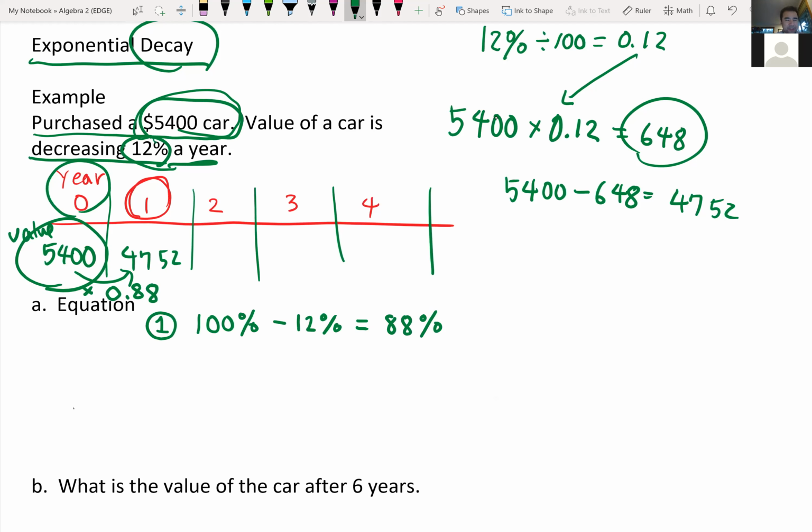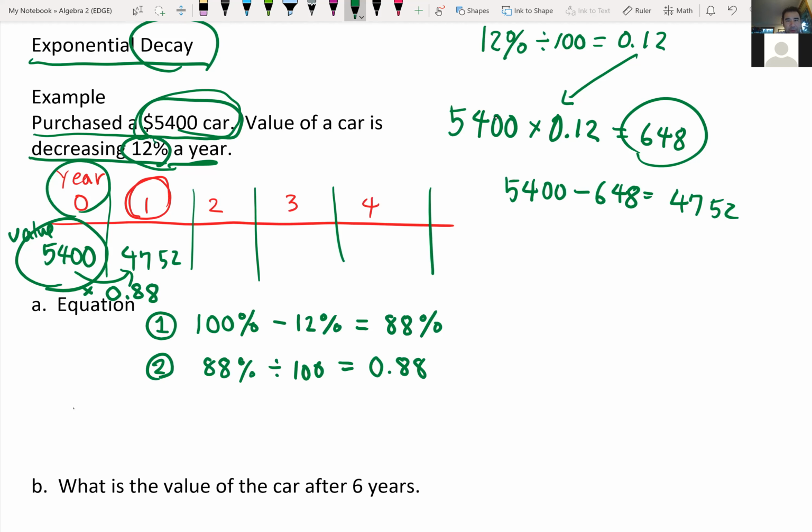The second step is you're going to divide that 88% by 100 to convert it into decimal form, which is 0.88. And that is the number that we are going to use, okay?